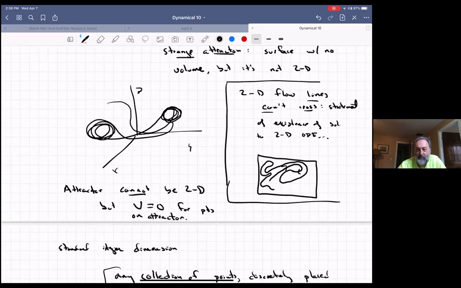So it is not of dimension 3. But it cannot be of dimension 2 either, because it couldn't cross back and forth if it was of dimension 2. So the attractor that is associated with the Lorenz system has to have some dimension between 2 and 3.